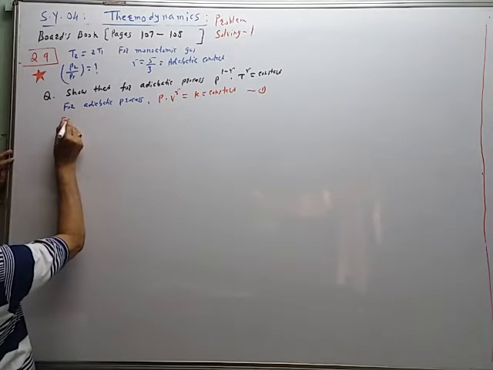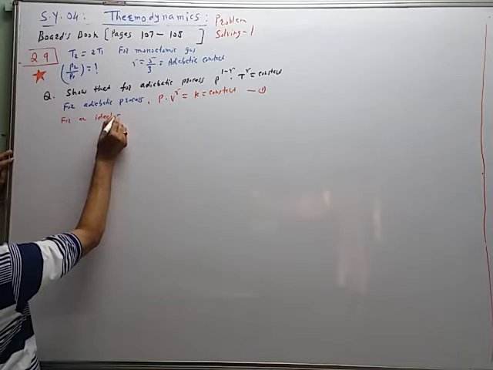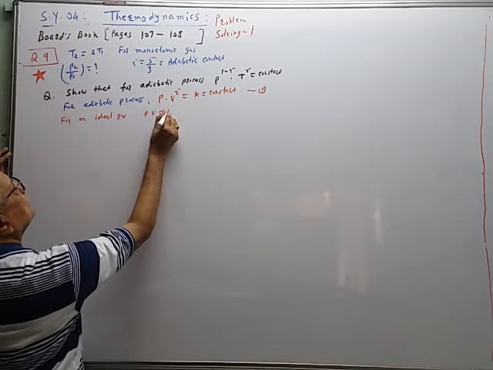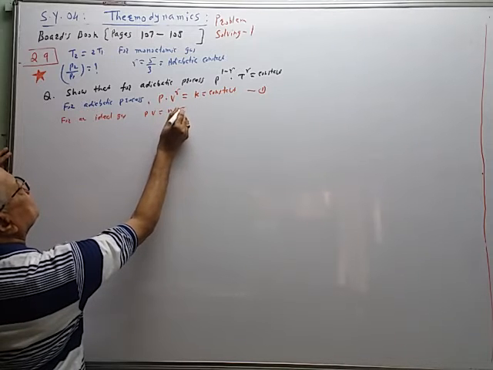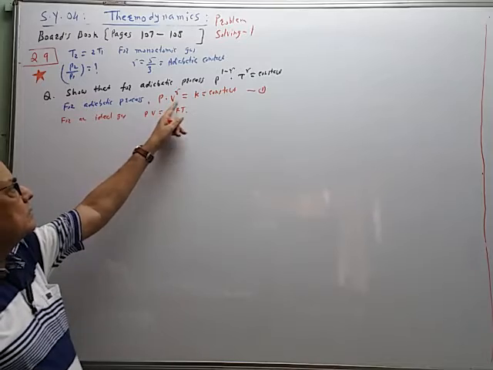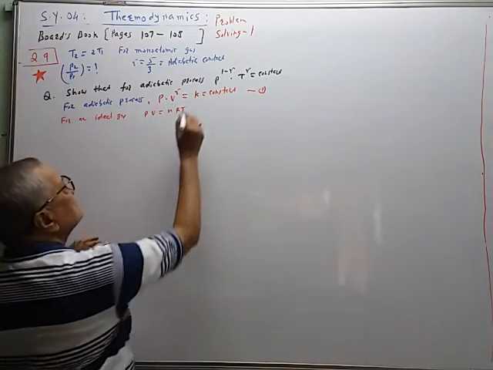For an ideal gas, PV is equal to nRT. आता आपल्याला ह्या इक्वेशन मध्ये टी पाहिजे, व्ही नको आहे, म्हणजे हा व्ही इलिमिनेट करायचा आहे.